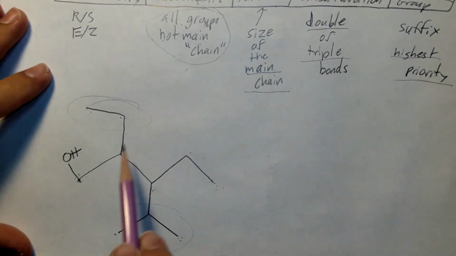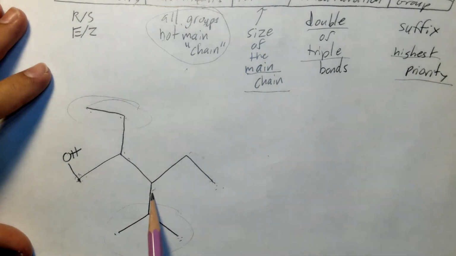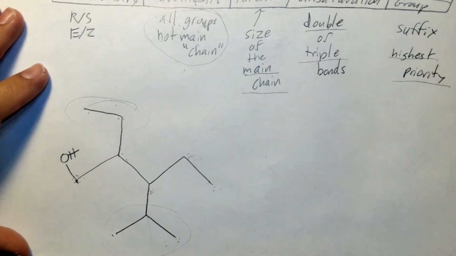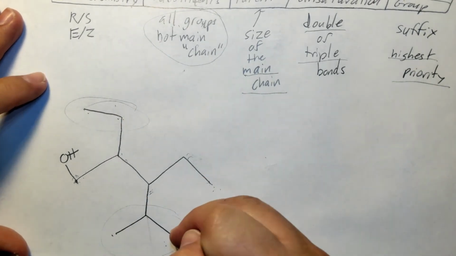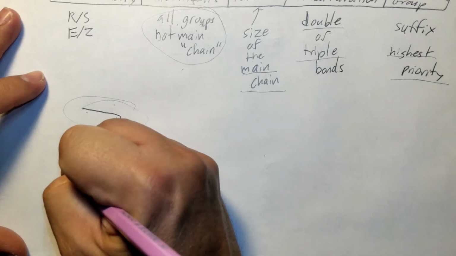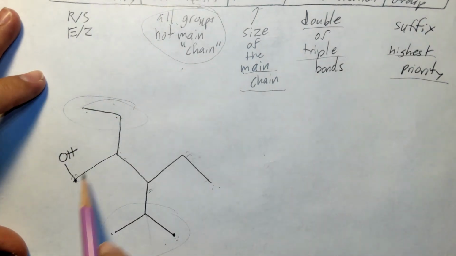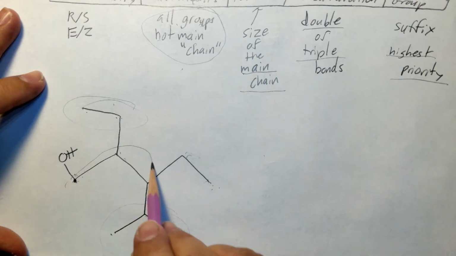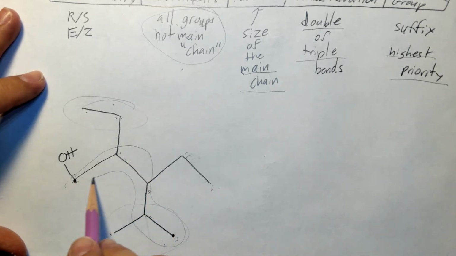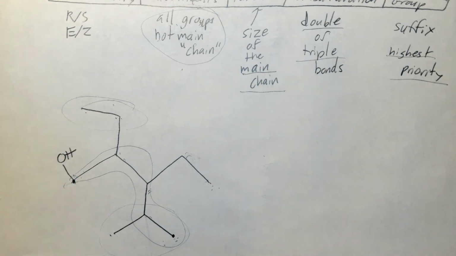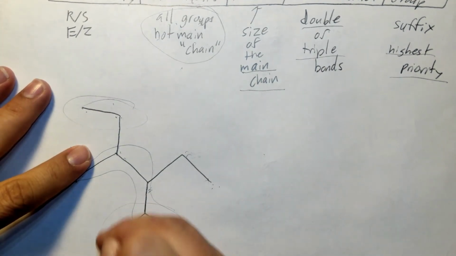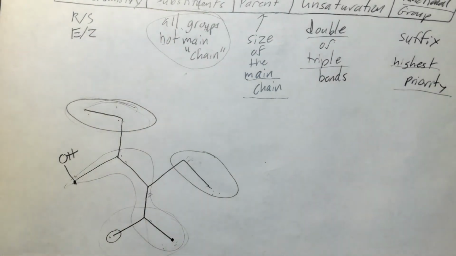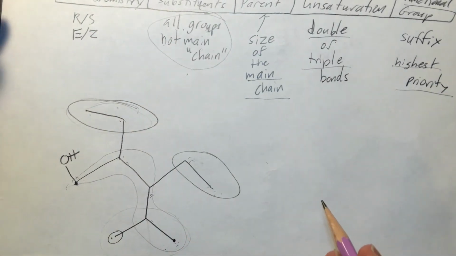So in this case, if this is the main chain, there would be 2 substituents. If, however, we're going from here to here, which is 1, 2, 3, 4, 5, then the substituents would be this, this, and this. And that would be 3 substituents.